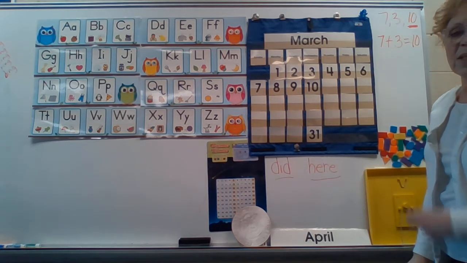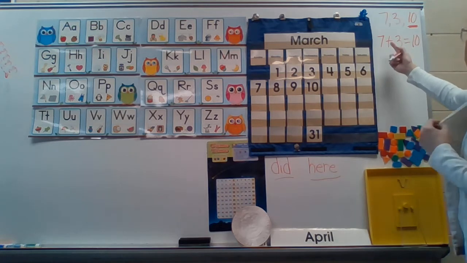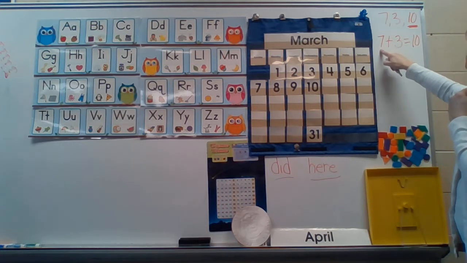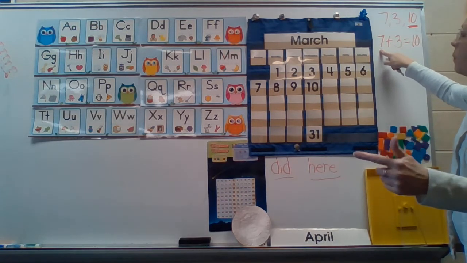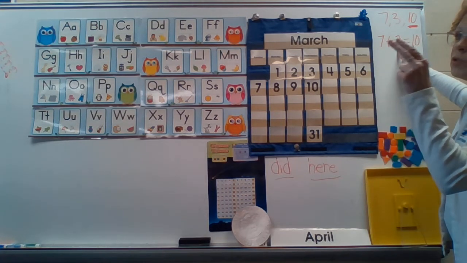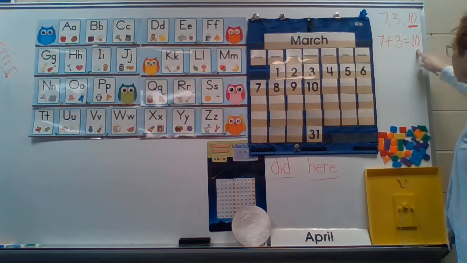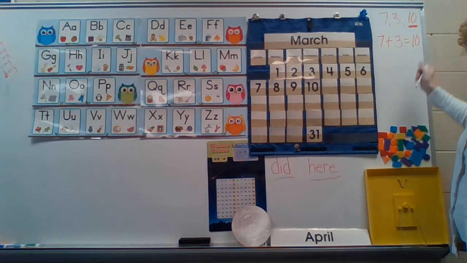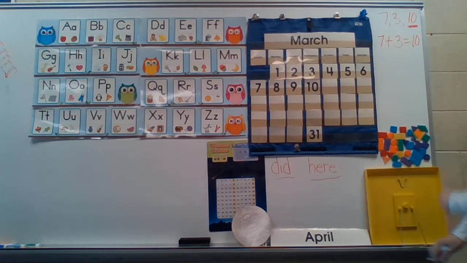We haven't discussed part, whole, but in math it works this way. 7 is one part, and 3 is the other part, and if you put those two parts together, then they make the whole amount of 10. So that's my first one, 7 plus 3 equals 10.